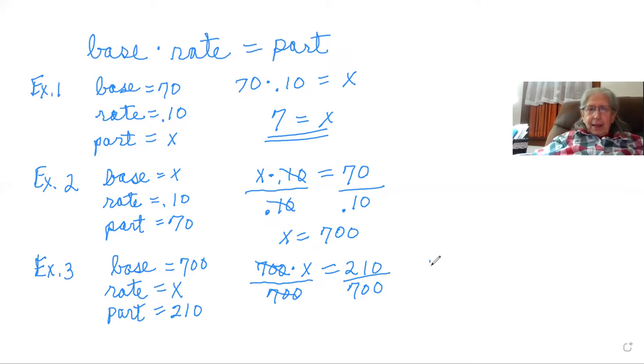And we get x equals 210 over 700, which is 0.30. And that's 30%, because we have to move the decimal place 2 places to the right. So far, so good.